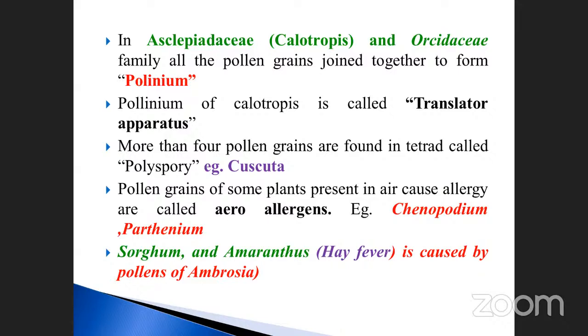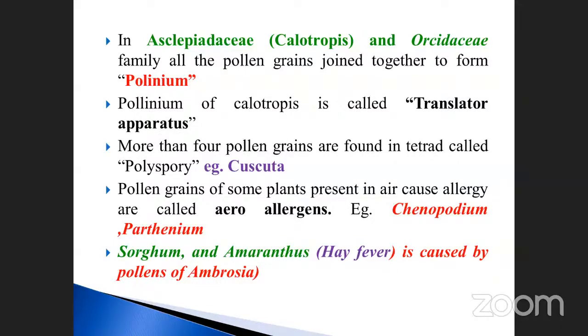That's why it is called aeroallergy. It creates allergen substances. What is meant by allergy? Anybody else? It is also related to immunology, otherwise called immunity, isn't it?